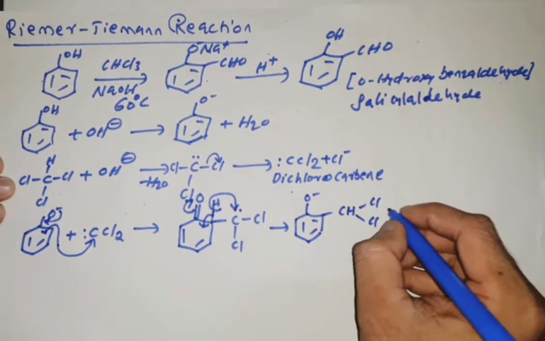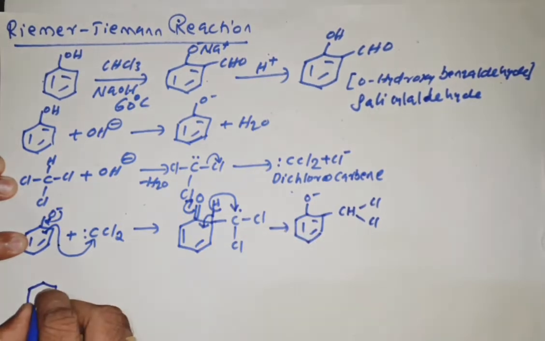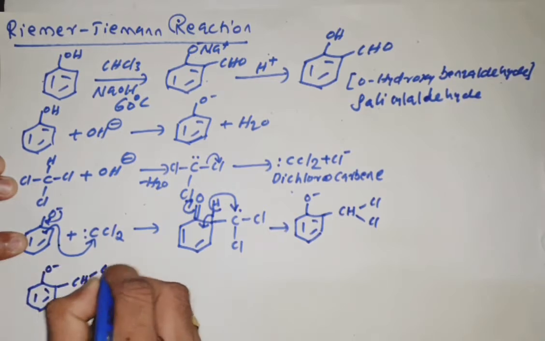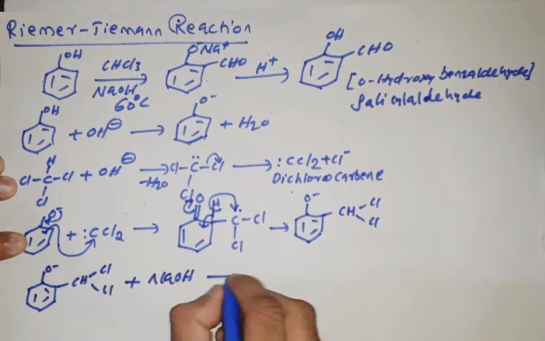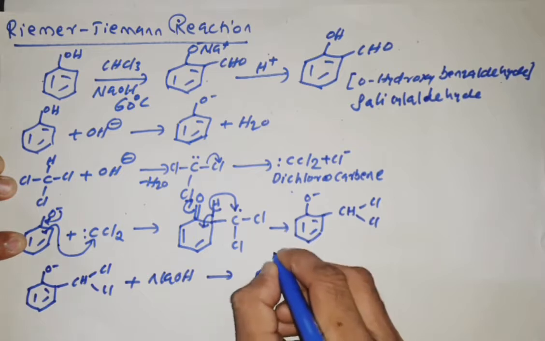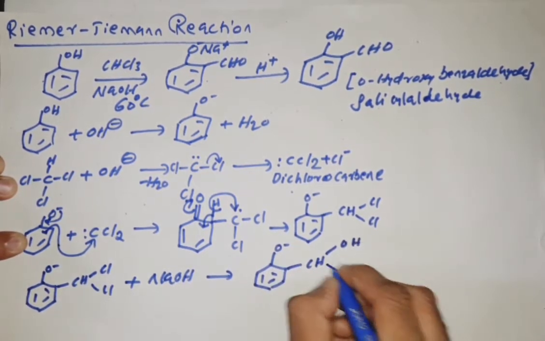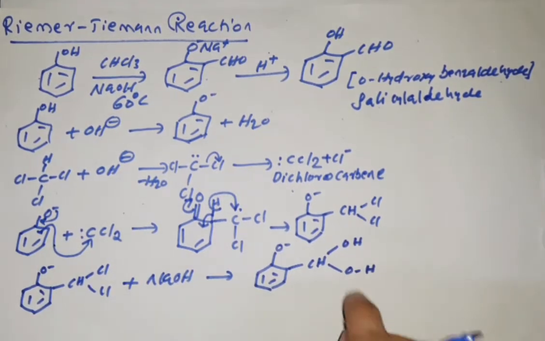Next step, this CHCl2 plus excess NaOH will convert it to CH(OH)2.